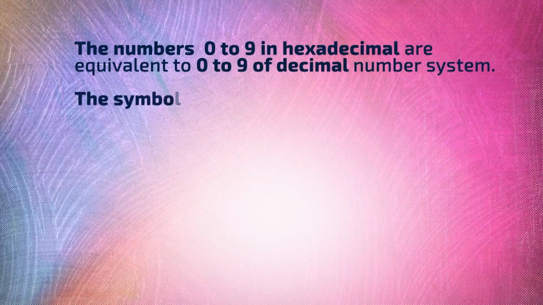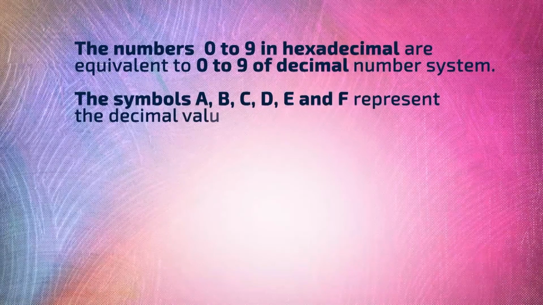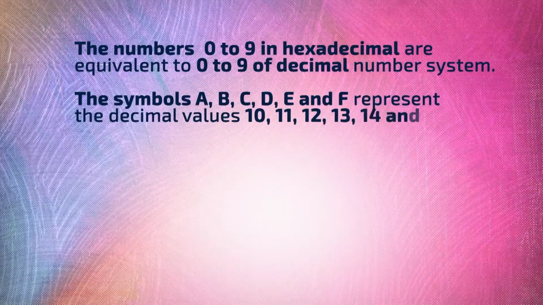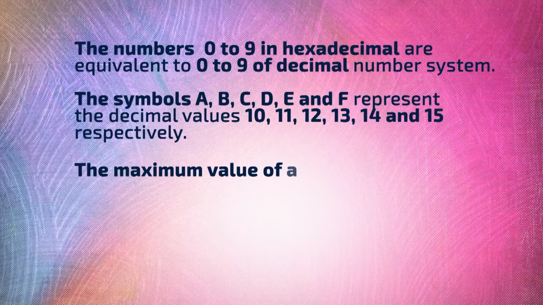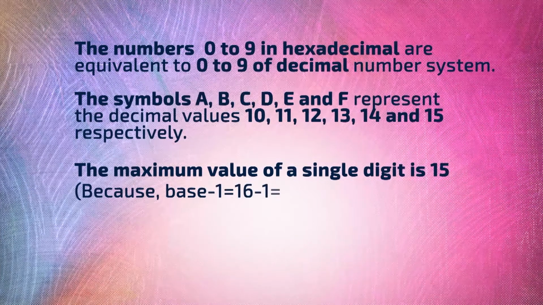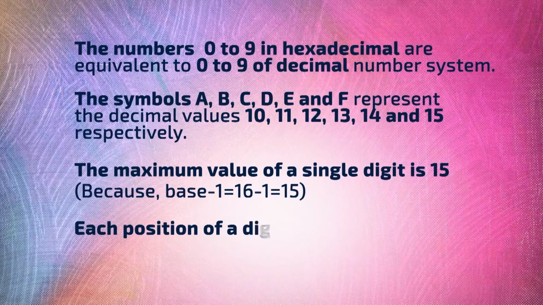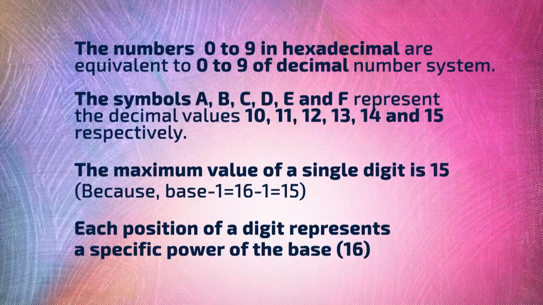The symbols A to F represent the decimal values 10, 11, 12, 13, 14 and 15 respectively. The maximum value of a single digit is 15 because the base is 16, and base minus 1, 16 minus 1, equals 15. Each position of a digit represents a specific power of the base 16.